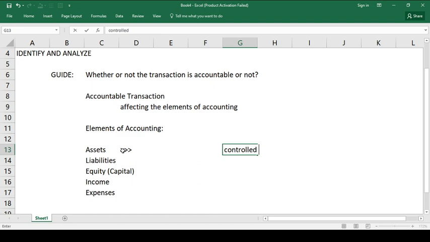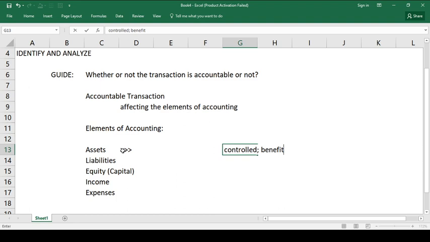It is necessary that there is a benefit from it. We can say it is an asset if the company controls it and there is a benefit. To be precise, the benefit that I am referring to is the economic benefit that will flow to the business organization. Flow, papasok to the business organization.